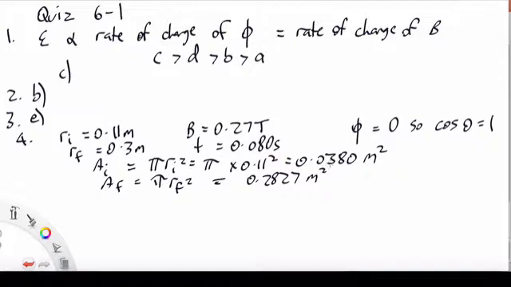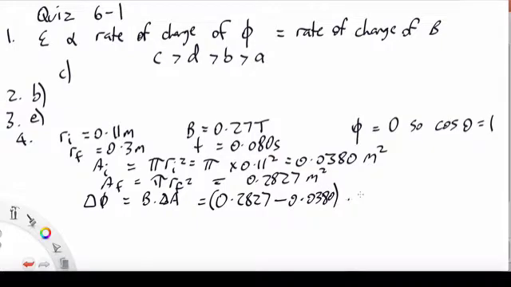0.2827 square meters. So the change in flux is going to be the magnetic field, which is constant, times the change in area. And that is going to be this change in area, which is 0.2827 minus 0.038 times 0.27, which is 0.2447 times 0.27.